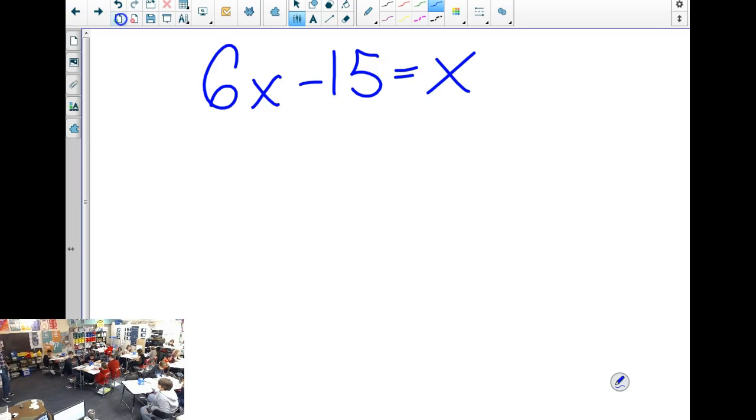This is an equation with variables on both sides. Now they're the same variable, right? His number and his number, although this is 6 times his number. We still want to do the same process we've been doing, but here, watch me for a second, then write it down. Okay? Just give me your eyes.